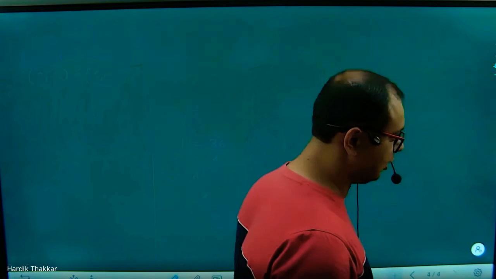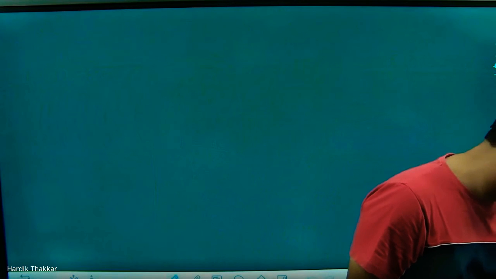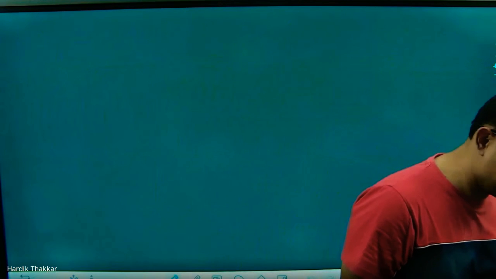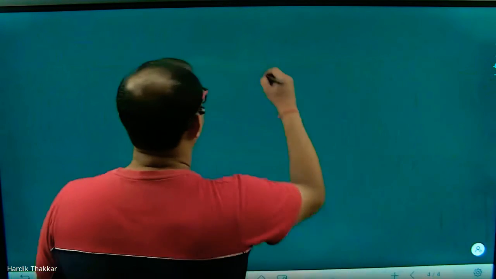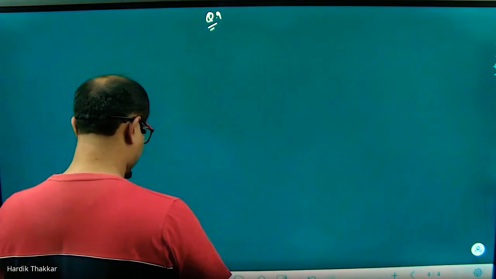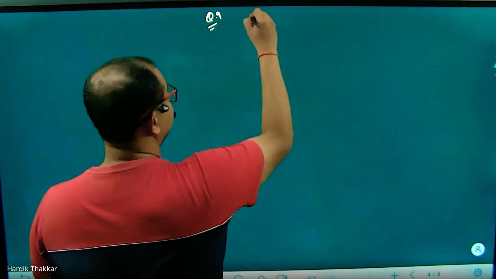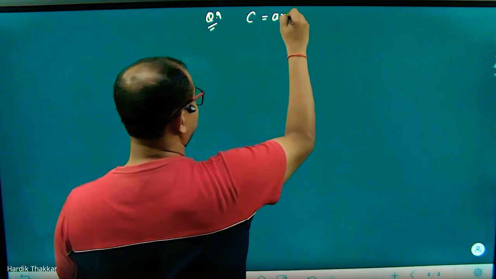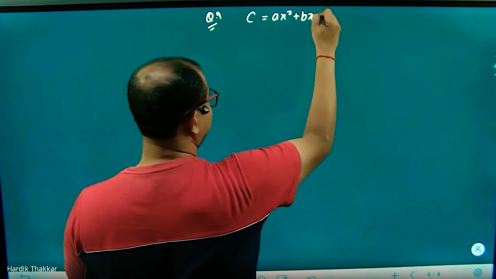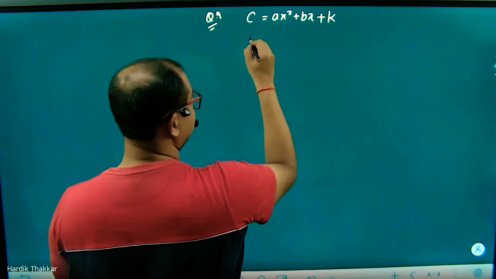Next question. Start next question. Question number 9. क्या है क्वेश्चन पढ़ना रिया? C is equal to ax square plus bx plus k is total cost function.